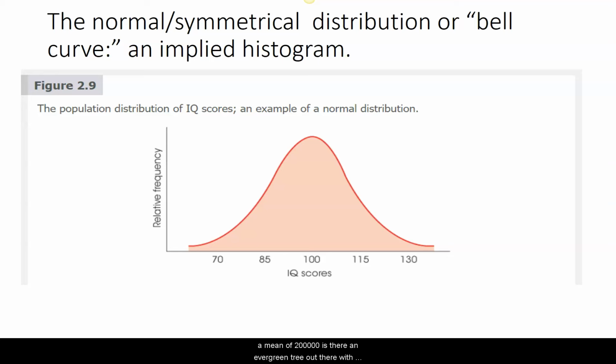So if I had a mean of 200,000, is there an evergreen tree out there with 300,000 needles? Well, yes. Is there one with 50,000 needles? Yes. But I could draw a sloping graph like this where each value is listed continuously, and the height of those values would be the mean, which is 200,000 needles, which is a crazy thing to say, but nonetheless, that's what we might assume to be true.